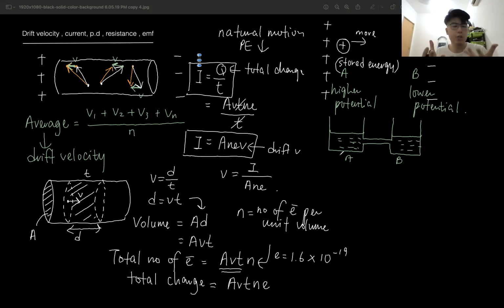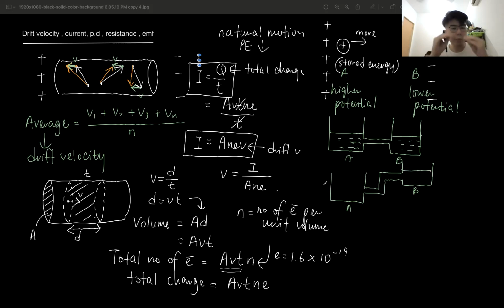I can just adjust the position, but I cannot add any water. How do I move this water? I have to raise container B so that it goes something like this. Okay, so container B is lifted up so the water can flow from B to A.